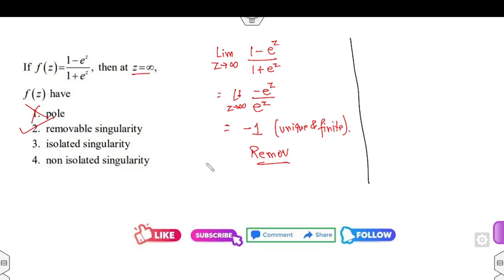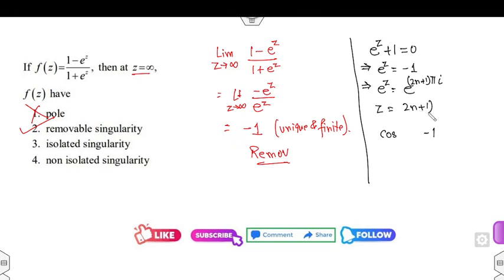So we will check whether it is isolated or non-isolated. How can you do that? I will check the poles. Can you find the zeros of the denominator? What are the zeros of this? e raised to the power z is minus 1. When will the cos value be negative? When it is an odd multiple of pi. So z will be (2n plus 1) pi i.